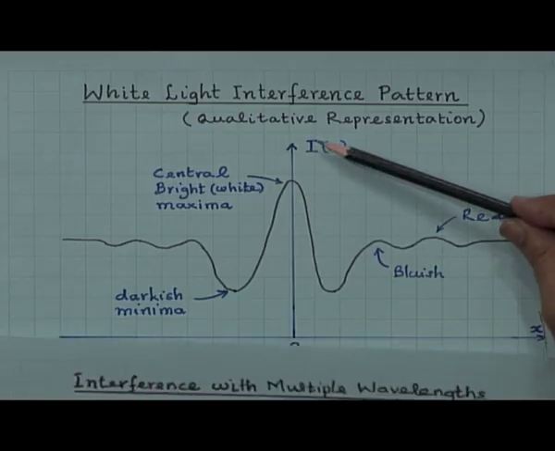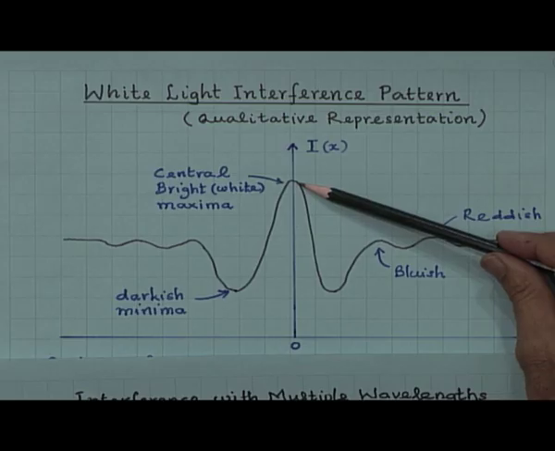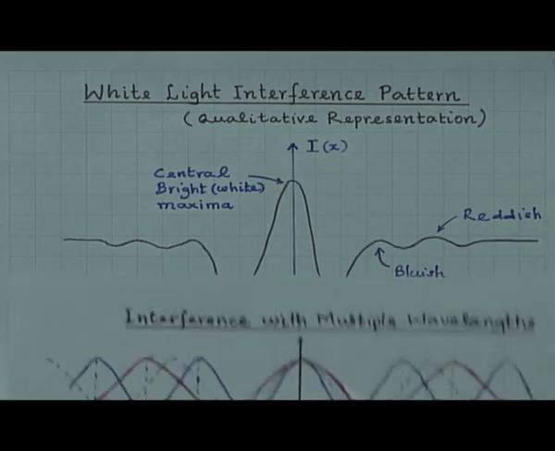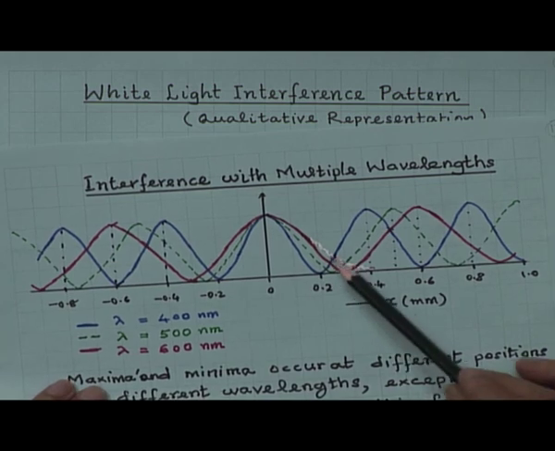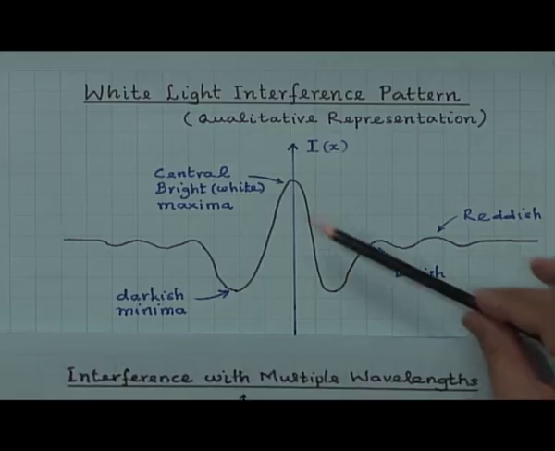I have simply plotted intensity as a function of x. This will be the central bright white maximum, and then because most of these are passing through minima here, there will be a dip in the total intensity.